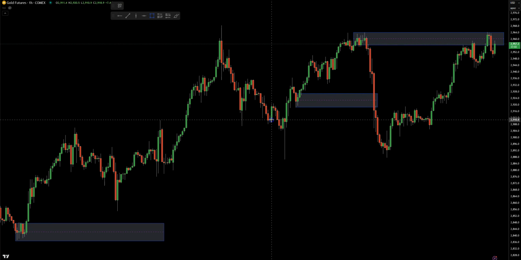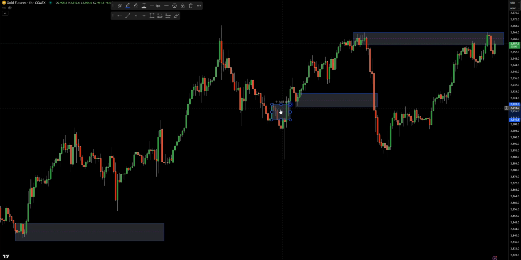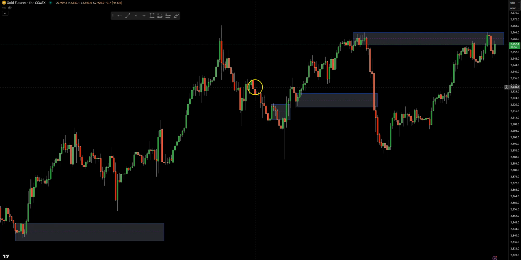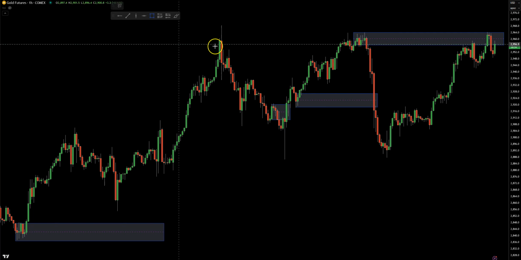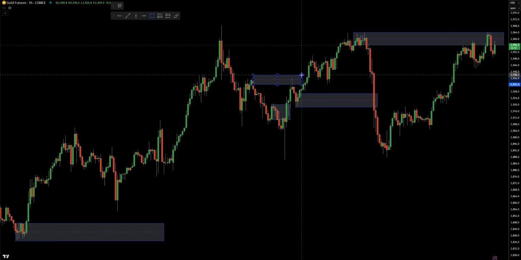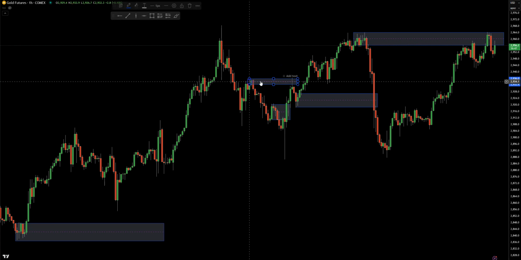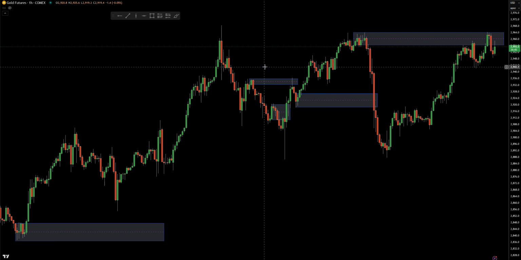I mean, you could say this green candle here, because it pulls back, it does make a low. You could say this candle here, this green candle here, you could call an order block or supply and demand zone.